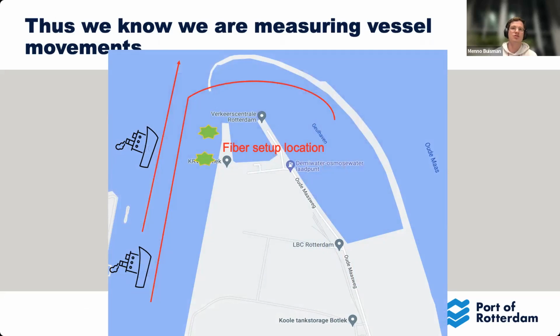And this means that the trajectory of the vessel with respect to us, the observer, our fiber, has changed, giving us these asymmetrical patterns. Now, that's good for us to know, because nothing natural could cause these asymmetrical patterns. So we know, okay, it must be related to the vessels and their trajectory.